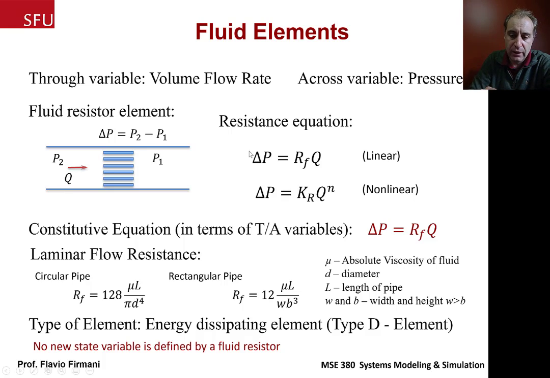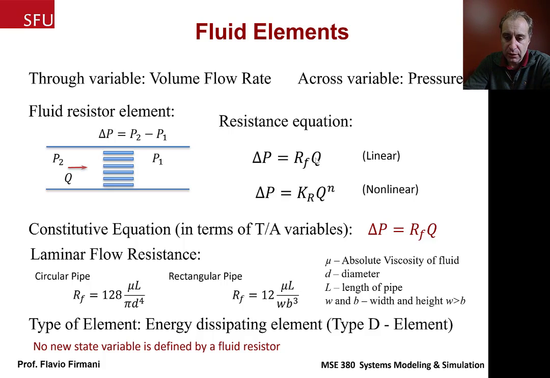And the way that we're going to represent the resistance, and it can be perhaps in the form of a valve, is that the drop in pressure, or the change in pressure, is going to be equal to Rf, which is the fluid resistance, times the volume flow rate. And that would be the linear representation.